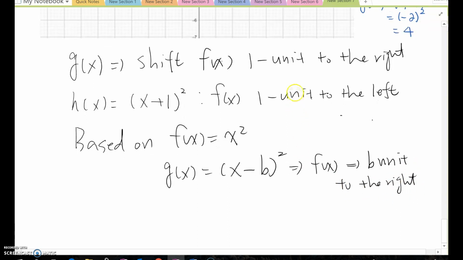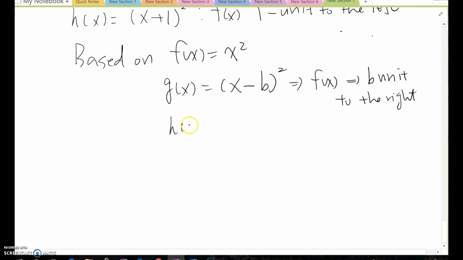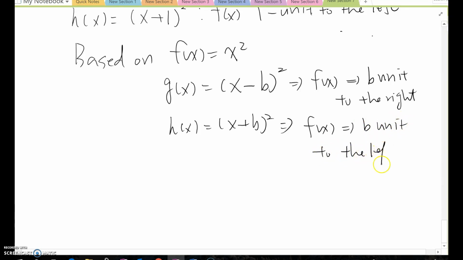And then if I give you h(x) equal to (x plus b) squared, the same thing, f(x) moves b units to the left. That's what we can conclude.